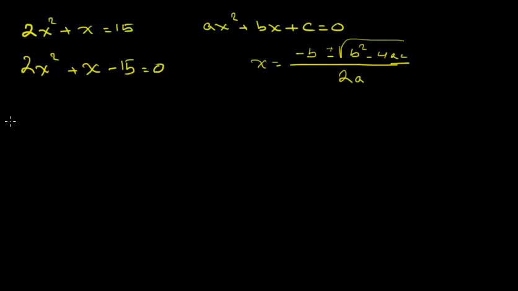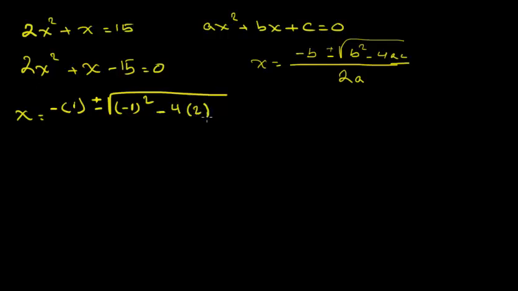So we plug in the numbers. x equals minus b, b is 1, so minus 1, my negative sign we put out of parentheses and we multiply it by 1 later, plus and minus, we have minus 1 again, or b to the second power, minus 4, a is 2 times 2, and times minus 15. Then it's over 2a, right?